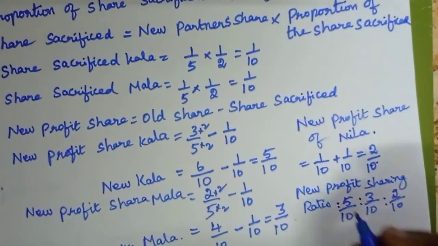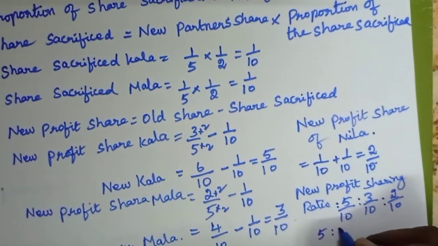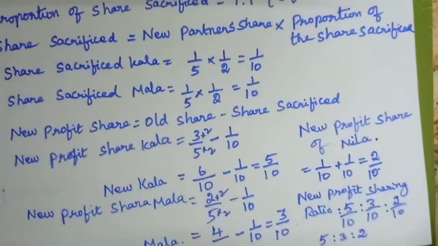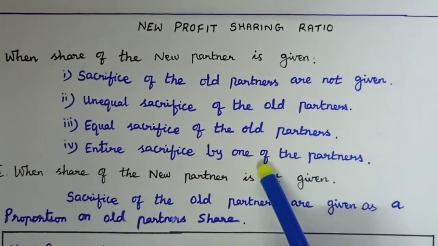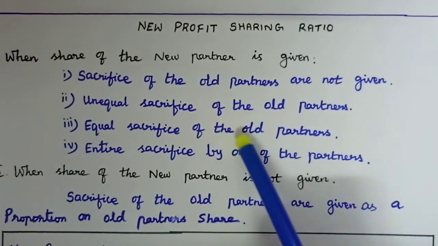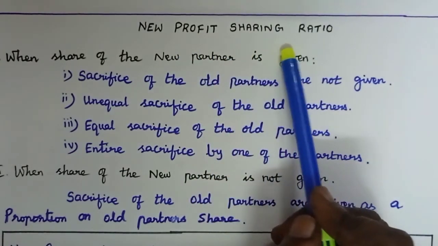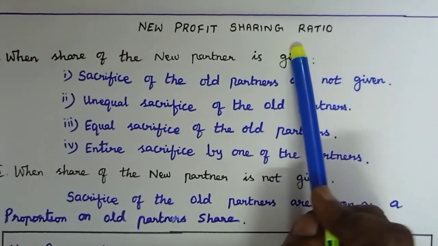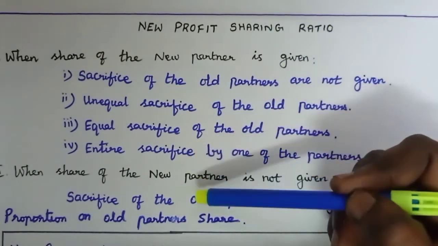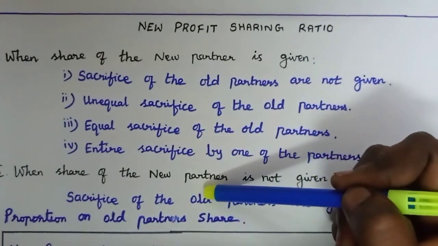New profit sharing ratio 5:3:2. Up to now, we have discussed 3 different situations to determine new profit sharing ratio at the time of admission of new partner. We will continue with the next 2 situations in the third part of the video.